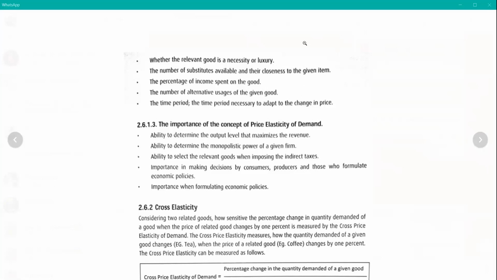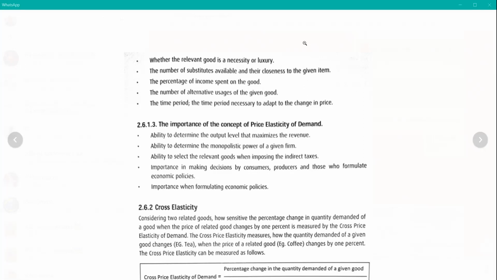You must remember how to classify elasticity using these factors, whether a good is elastic or inelastic. Right. After that, I added the importance of this concept of price elasticity.